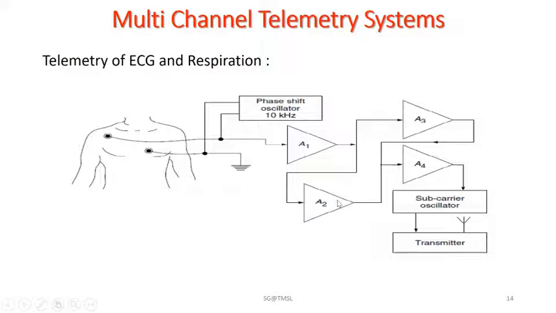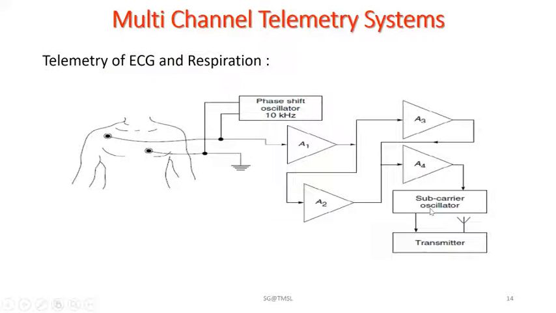Now the amplified ECG signal is summed with the pre-processed respiration signal in A4, and the output of A4 is a composite signal which is supplied to an astable multivibrator circuit which acts as a voltage controlled subcarrier oscillator.